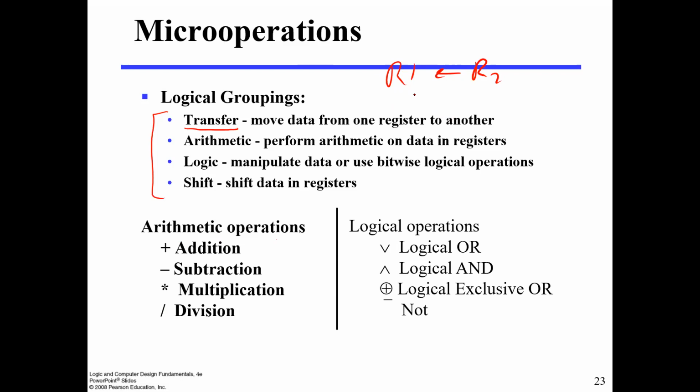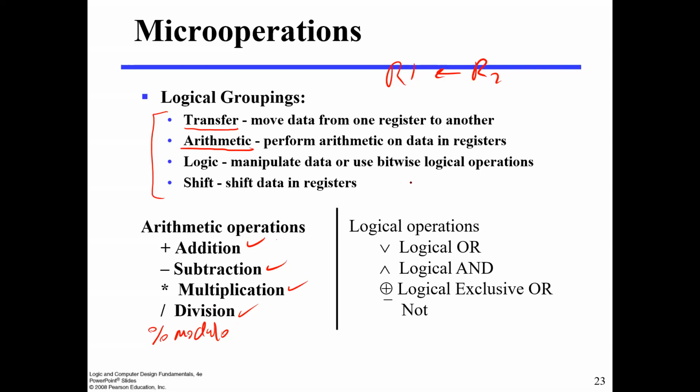We also have arithmetic operations. This will perform arithmetic on data in registers, which is basically addition, subtraction, multiplication, and division. I'm not sure, but maybe we can also have a modulo operation. Modulo operation will return the remainder of a division operation.